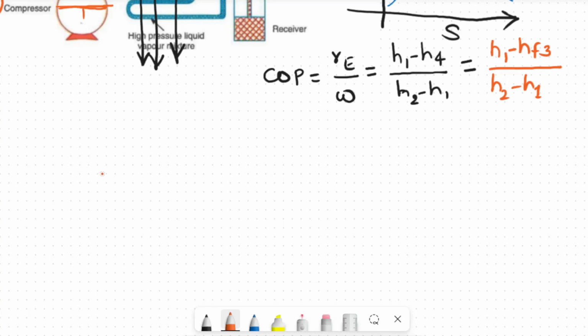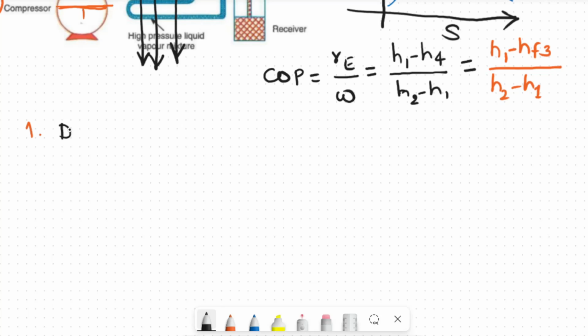If it is dry saturated vapor, if it is a mixture, that is wet vapor, or it is superheated vapor before the process of compression, or there is subcooling or superheating, these things will change the refrigeration cycle and the values of the enthalpies progressively. So that's why let's talk about the first cycle where the refrigerant is dry saturated vapor after compression.